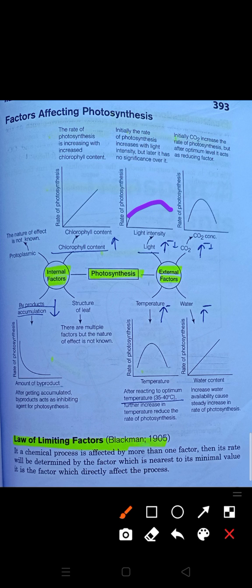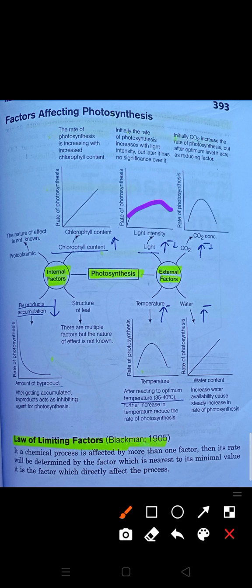Except for plants in shade or in dense forest, light is rarely a limiting factor in nature. Incident light beyond a point causes the breakdown of chlorophyll and a decrease in photosynthesis. मीन दैट अगर लाइट बहुत ज़्यादा बढ़ गई तो क्लोरोफिल को डिस्ट्रॉय करने लगेगा, और अगर क्लोरोफिल डिस्ट्रॉय हो गया तो फिर फोटोसिंथेसिस की प्रोसेस डिक्रीज हो जाएगी.